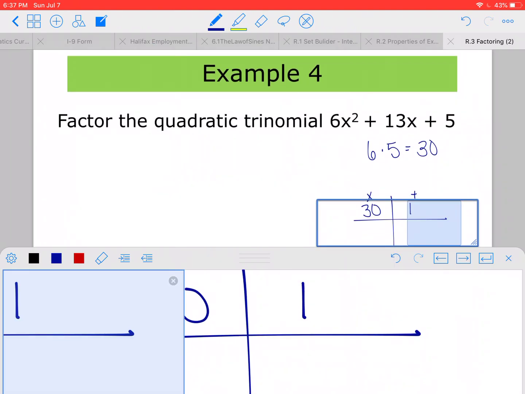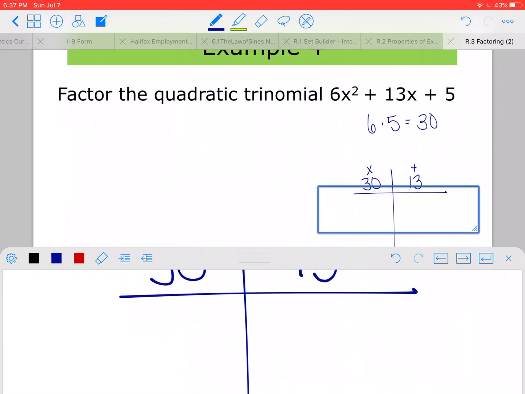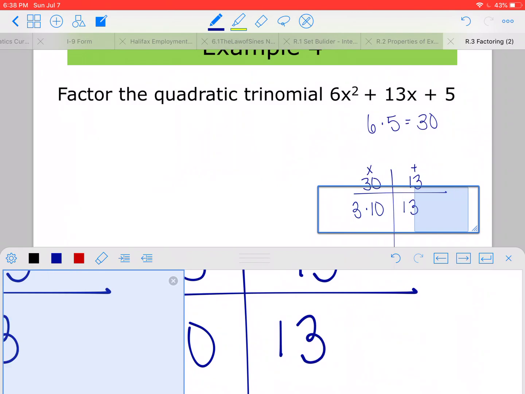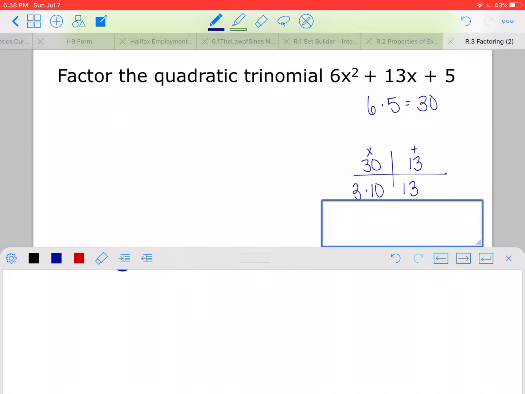And you can probably see pretty quickly, 3 times 10 gives you 30. 3 plus 10 gives you 13. So that works out. So our numbers are 3 and 10.